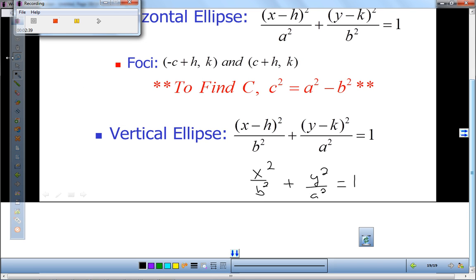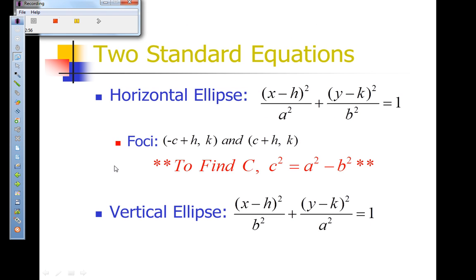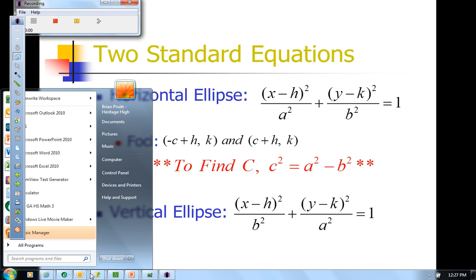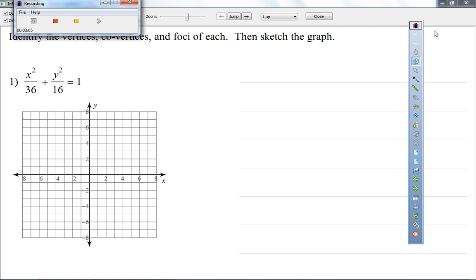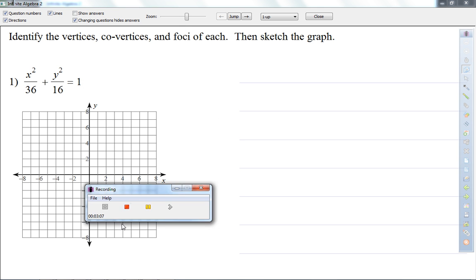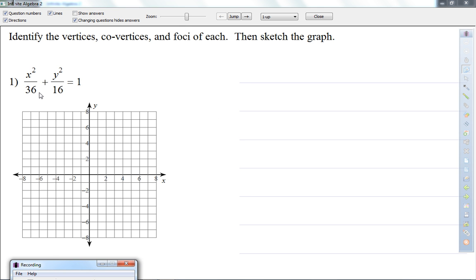Now let's look at an example of where we would actually graph one. Here we have x squared over 36 plus y squared over 16.